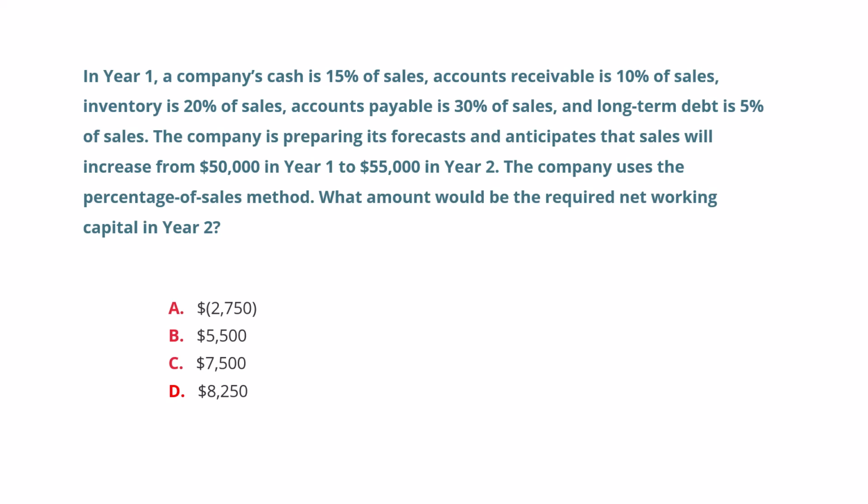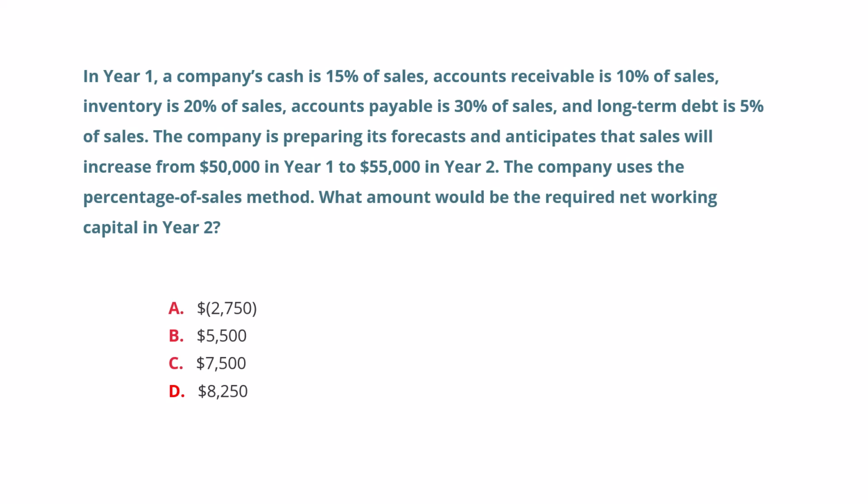So you have 15, 10, 20, that's your current assets, 45% of your sales, while your liability is 30% of your sales. So basically, your net working capital is 15% of your sales.